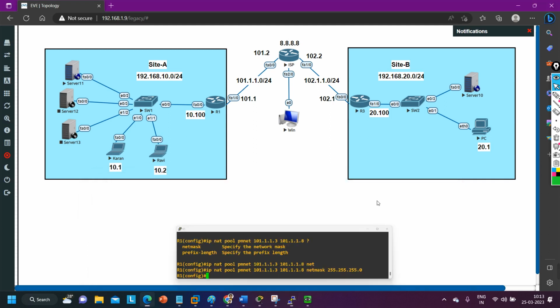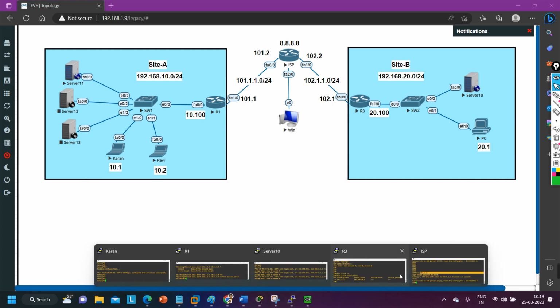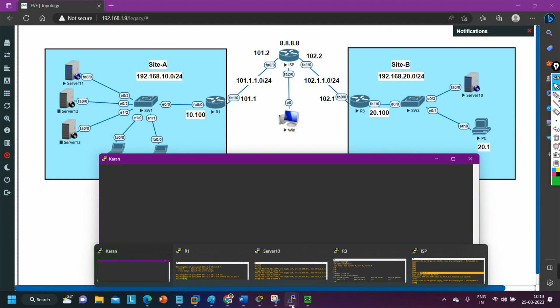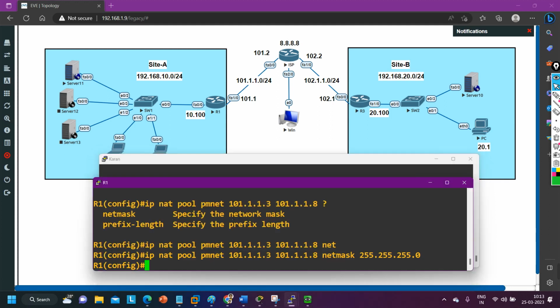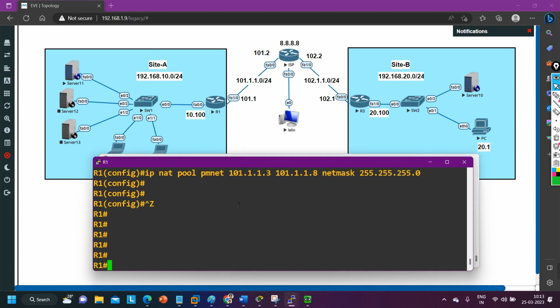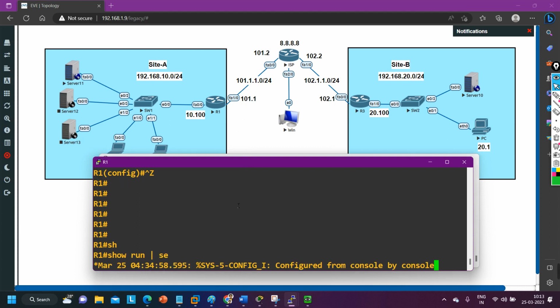From Karan's PC, let me show you whether I am able to access the internet or not. Before that, if you want to verify the configuration on router number 1, let me show you some verification commands as well. Run show run, section ip nat.